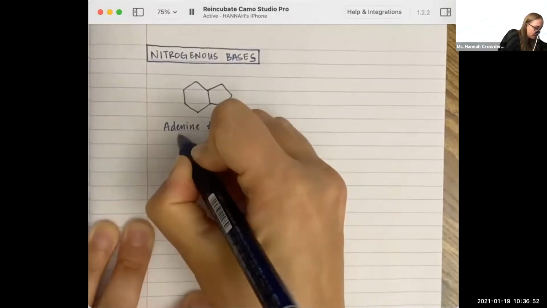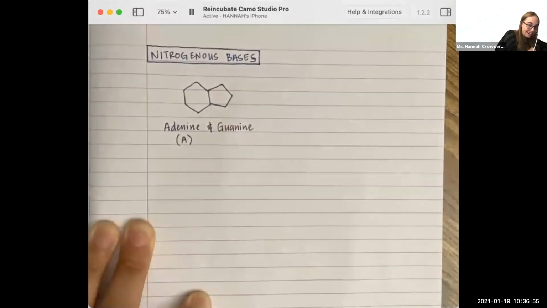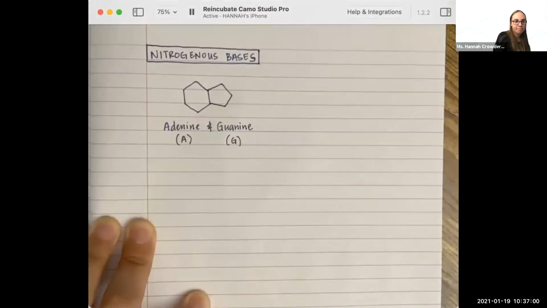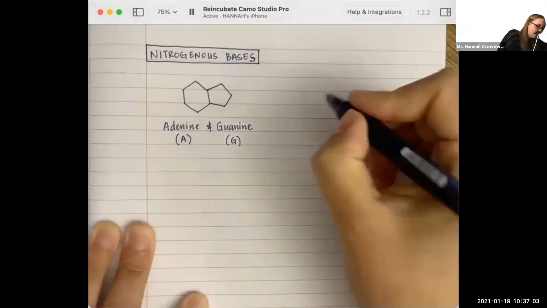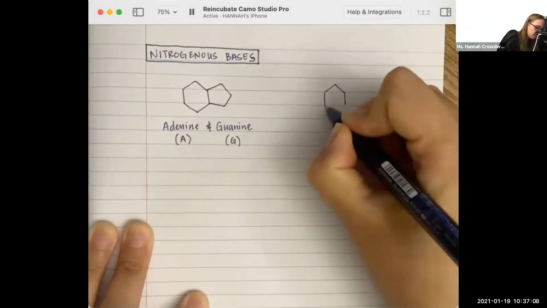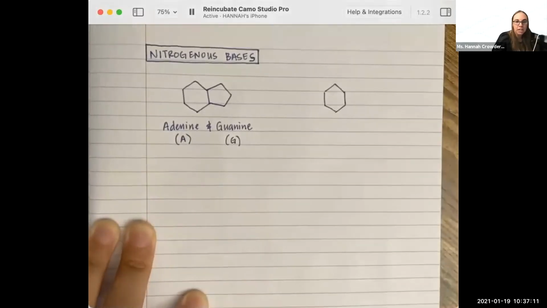And for sake of ease, we're going to call adenine A and guanine G. The other shape is just a cute little six-sided shape.